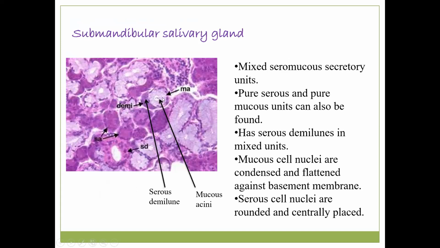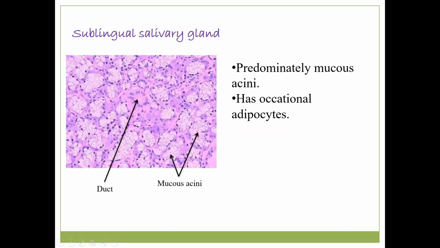You can see here mucous acini with the serous demilunes. This is a picture of the sublingual salivary gland. It has predominantly mucous acini and occasional adipocytes.